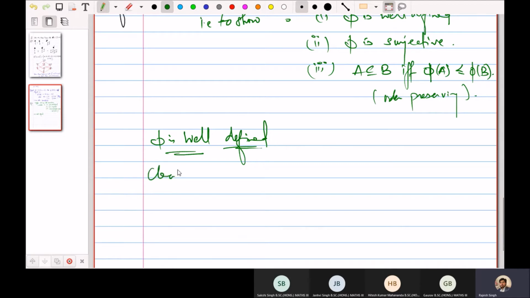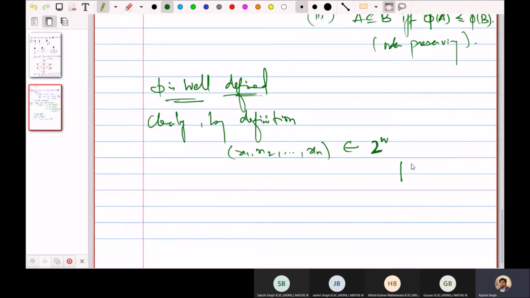So clearly, by definition, (x1, x2, ..., xn) belongs to 2 to the power n, since xi belongs to {0, 1} for each i.